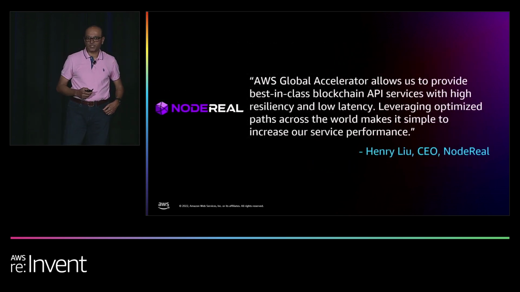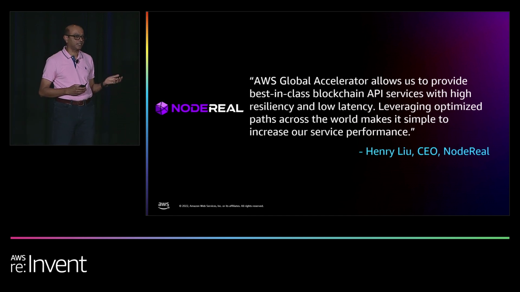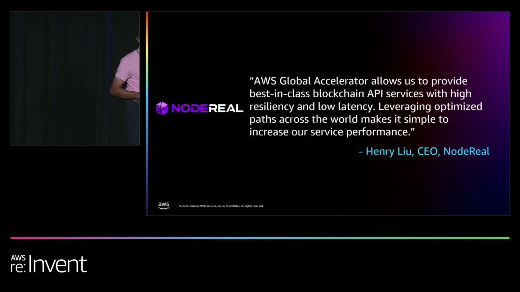Another example is NodeReal, a Series A startup that offers blockchain API services for their customers. And as Henry Liu, their CEO, says, using Global Accelerator has allowed NodeReal to provide these services with high resiliency and low latency. Thank you, Henry, to you and to the NodeReal team for your partnership here.